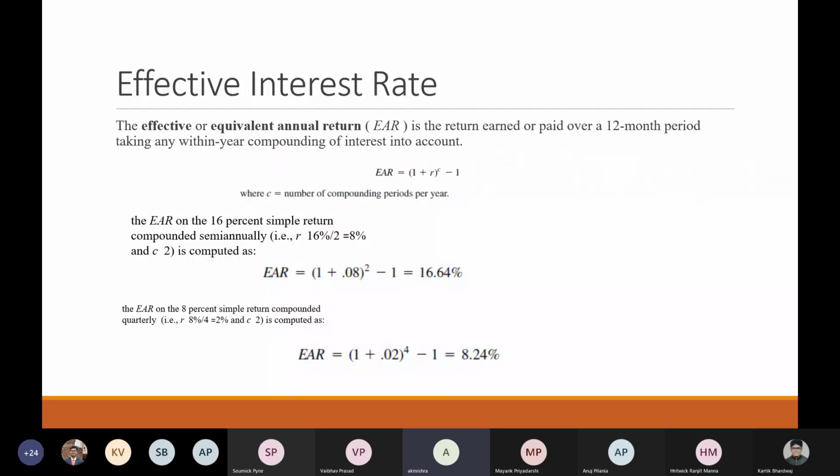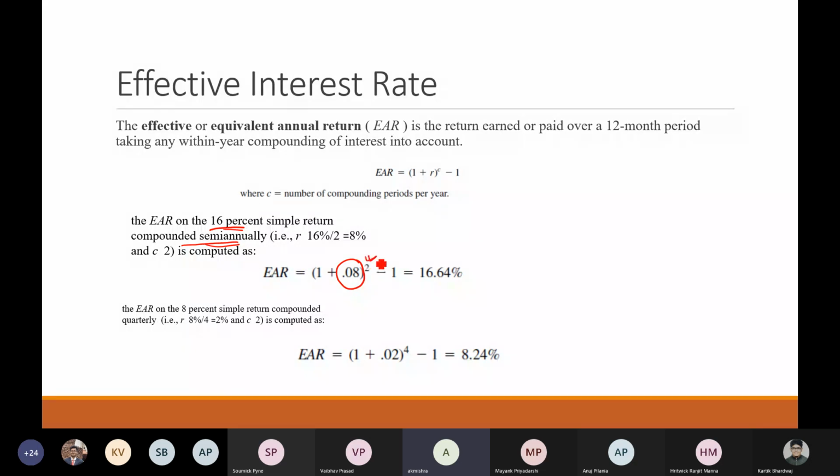And here you see a particular case. We want to calculate EAR on 16%. Means annual nominal interest rate is 16%, and it is compounded twice. So this will become 16 by 2, so basically 8%, 0.08.